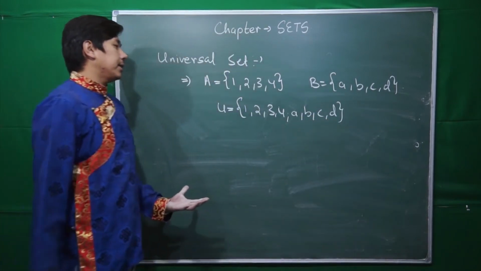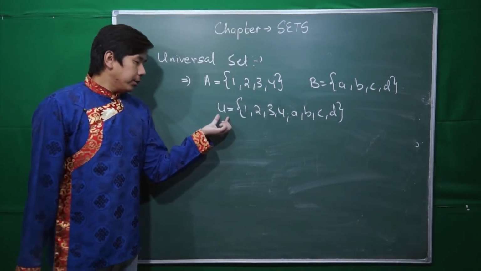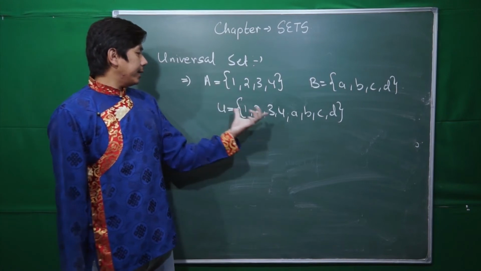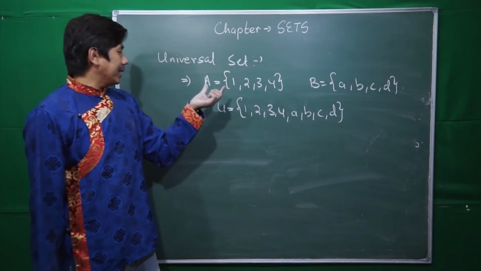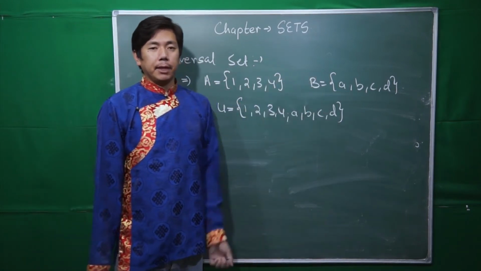So this means that universal set U is a parent set that contains set A and set B.